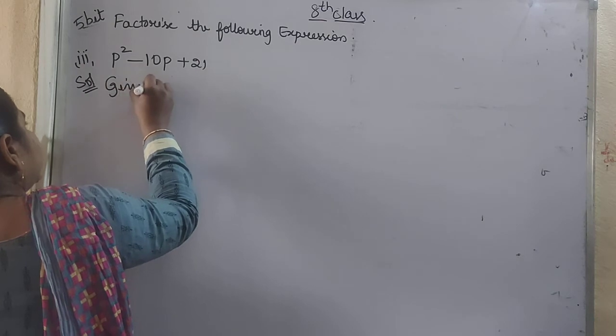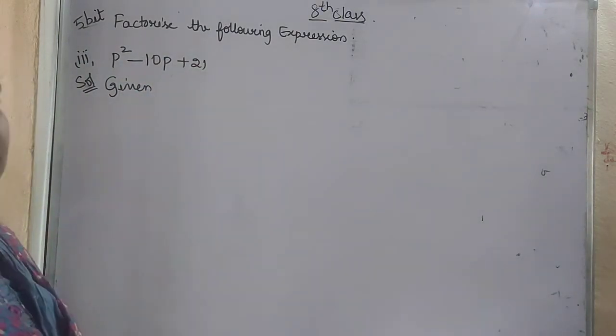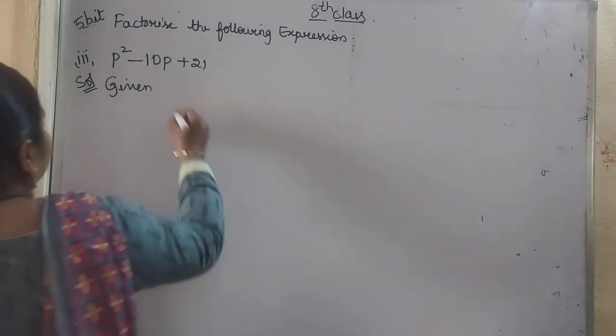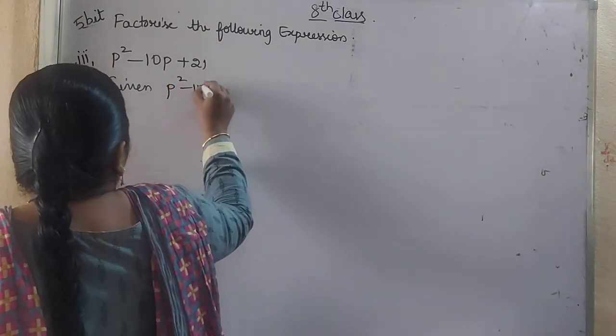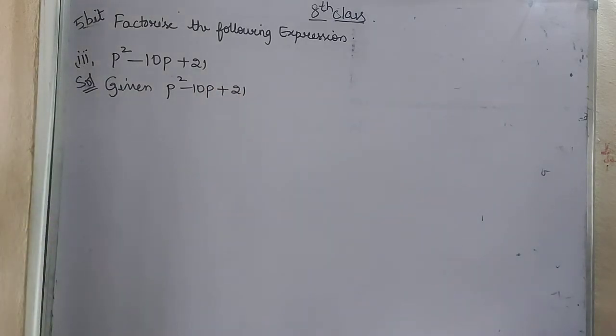So given. So if you see again the first term and last term, the first term is a square value but last term is not a square value. So p square minus 10p plus 21. So we have to factorize this.